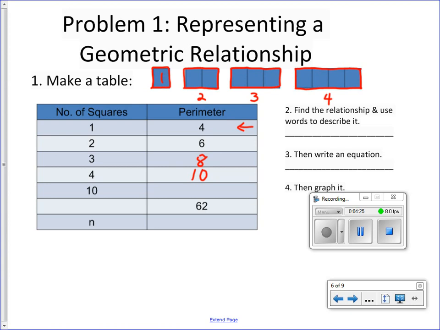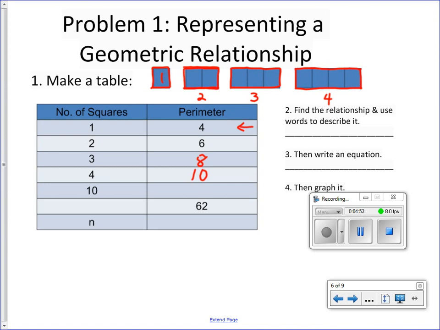All right, so we want to find a relationship so that we can use words to describe it, and then we're going to write an equation and graph it. So if you notice our squares, for two squares, we have 2 squares along the top and bottom.